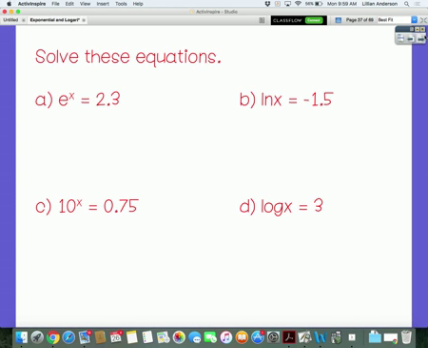Here you have e to the x equals 2.3. Is that exponential form or logarithmic form? Exponential, okay? And so to solve this, we actually need to write it in logarithmic form, okay? How do you write e to the x equals 2.3 into a logarithmic form? It'll be ln something.